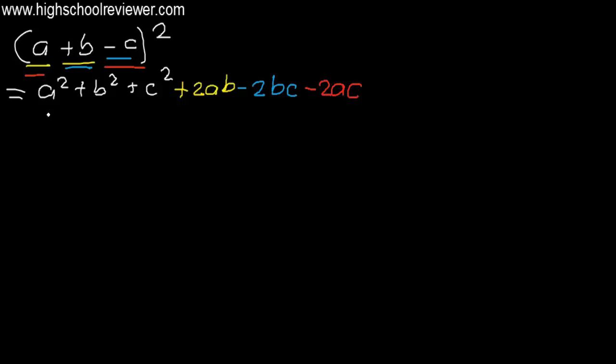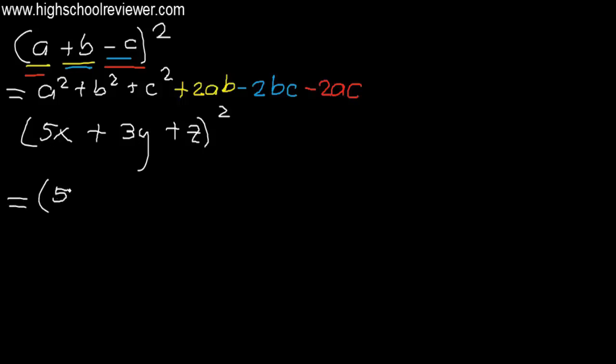We have here the quantity of 5x plus 3y plus z raised to the power of 2. The first term here is 5x, second term 3y, the third term is z. Again, our process, the square of all the terms.